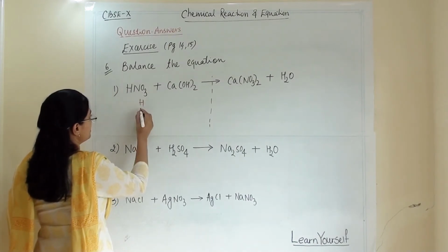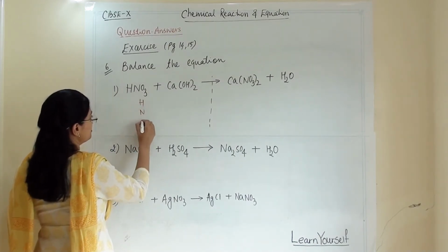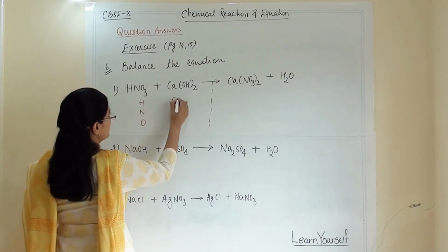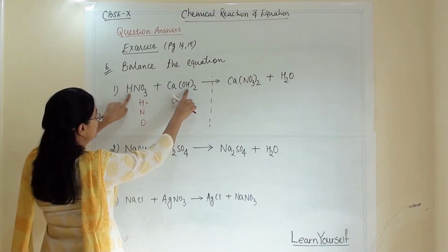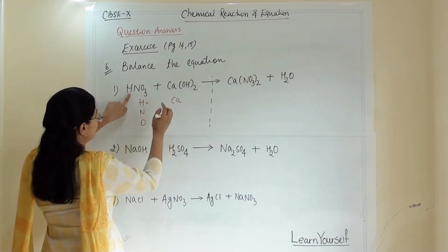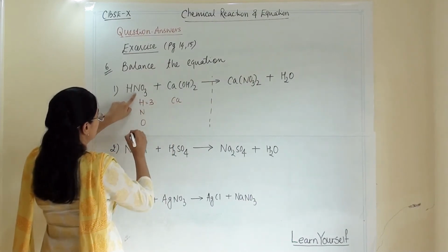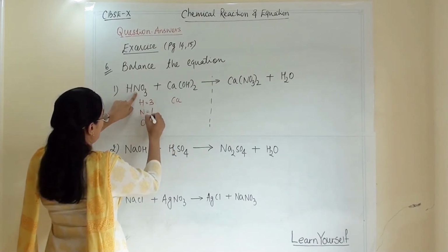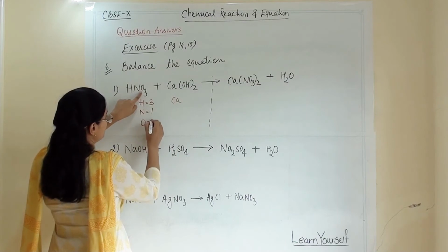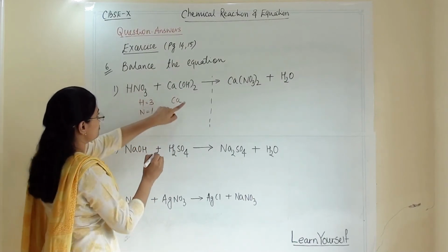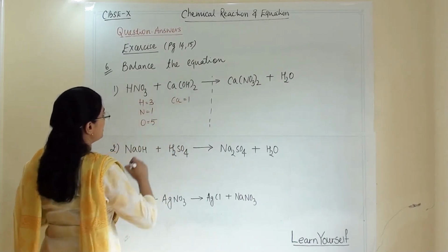So hydrogen, nitrogen, oxygen, calcium. How many hydrogen are there? This is 2 and this is 1. So 3 hydrogen. Nitrogen 1. Oxygen 3 and 2. So 5. And calcium is 1.